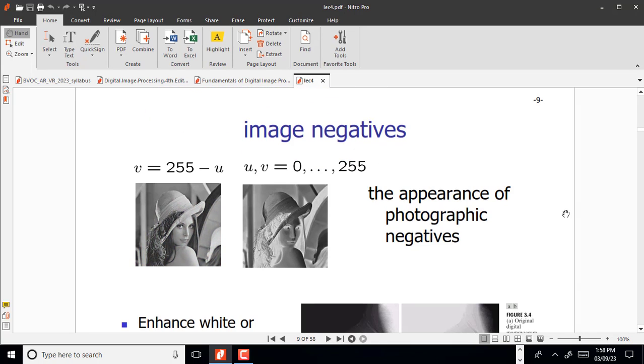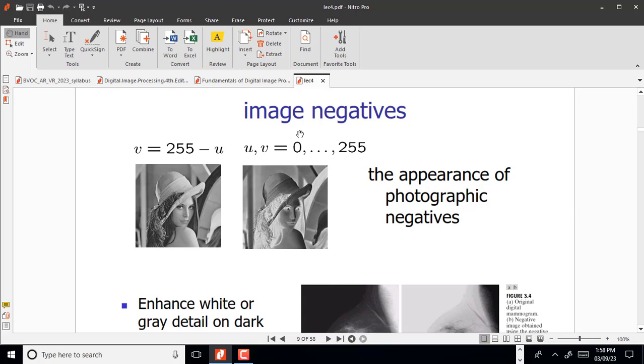This is a point-based operation. Another point-based case is the image negative: v equals 255 minus u. It separates out all the maximum levels of the particular value, giving the appearance of a photographic negative.